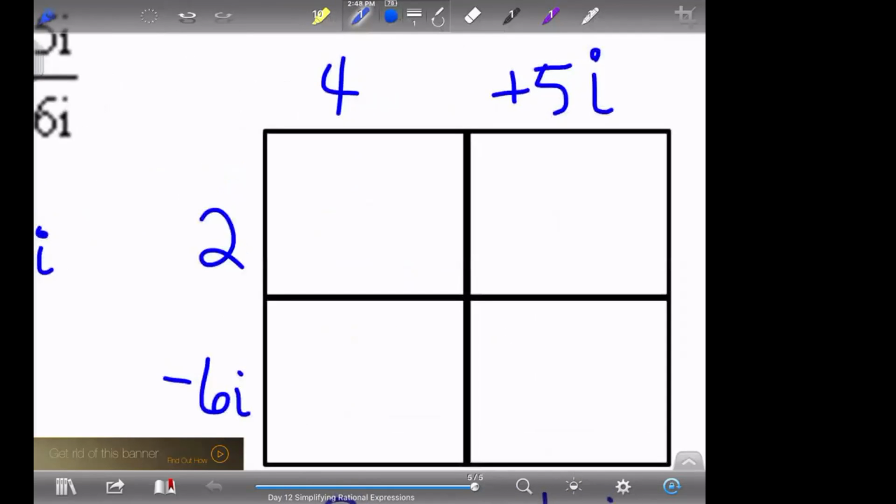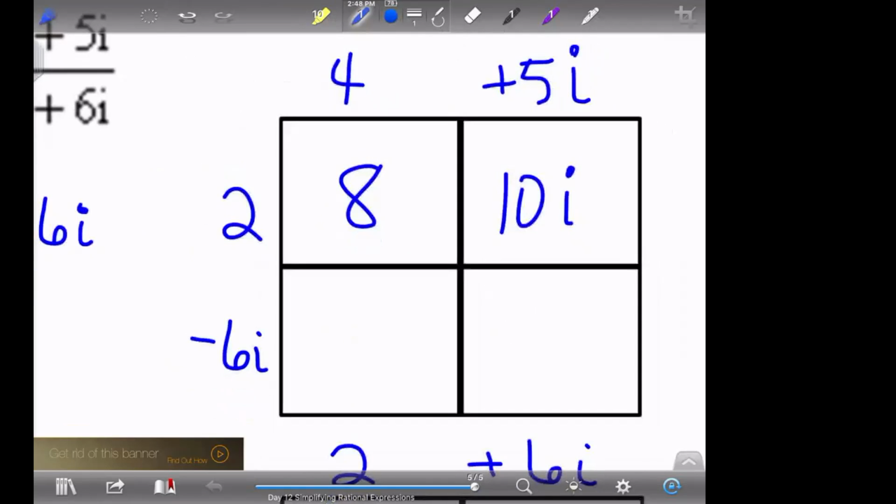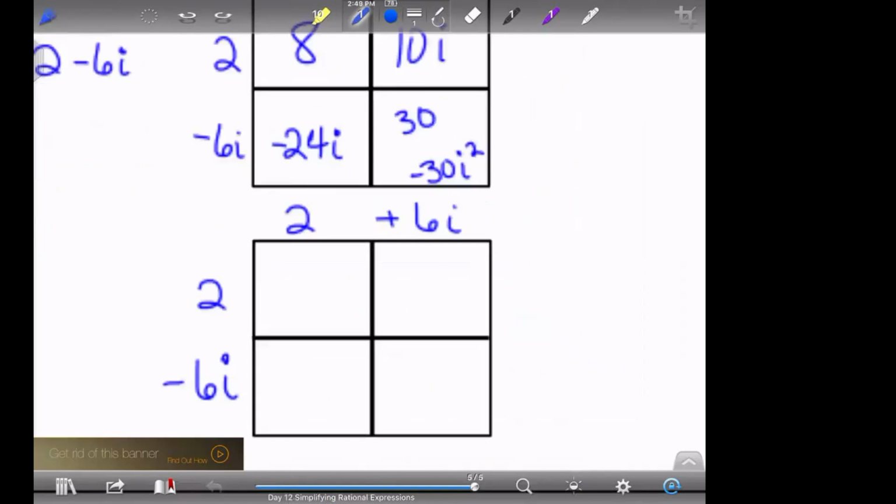So now we need to multiply corresponding pieces. Again, remember, anytime you have i squared, you're going to replace it with negative 1. And then you're going to go through and combine like terms, or you can wait until after you do the denominator, doesn't matter. Let's just go ahead and do the denominator.